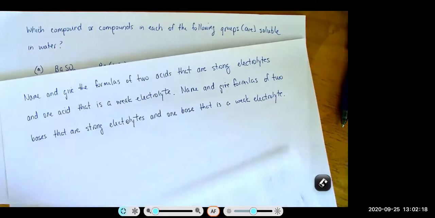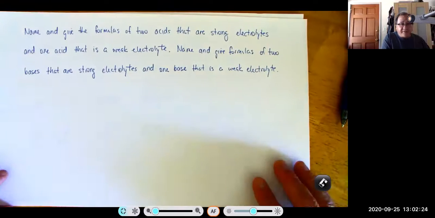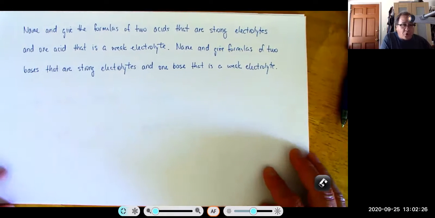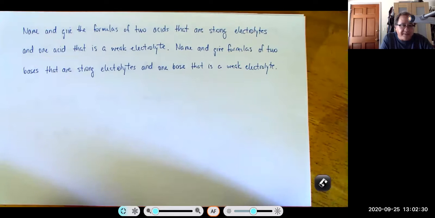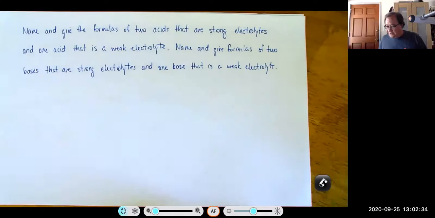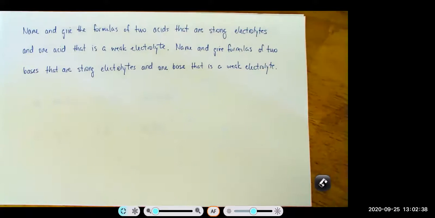All right. Now let's try a couple more problems here. Name and give the formulas of two acids that are strong electrolytes. Strong electrolytes means they come apart completely. So in your notes, do you have the list of some of the strong acids I gave you? Yeah. So what are two of them?